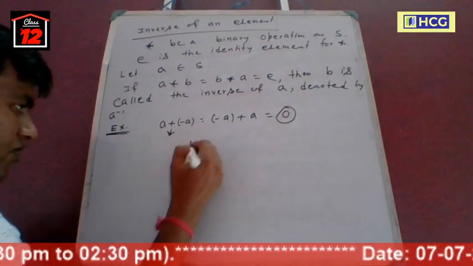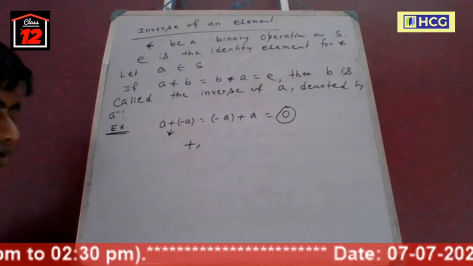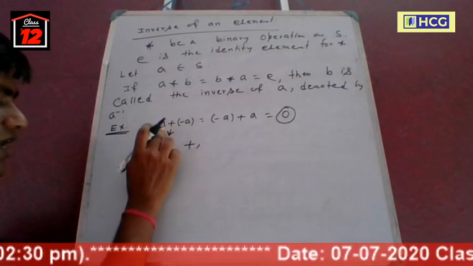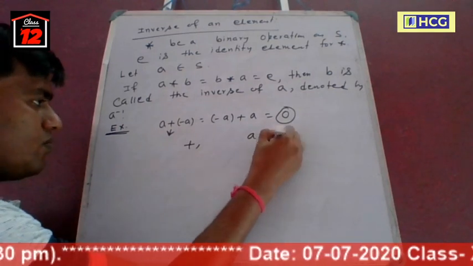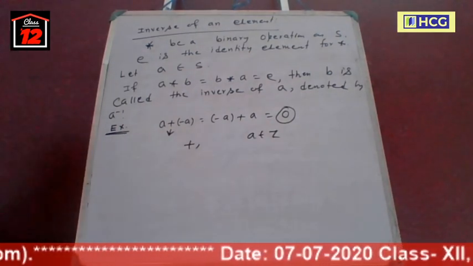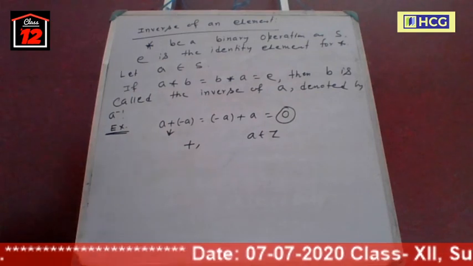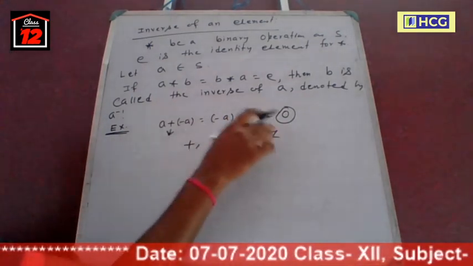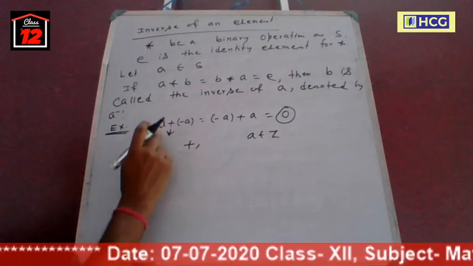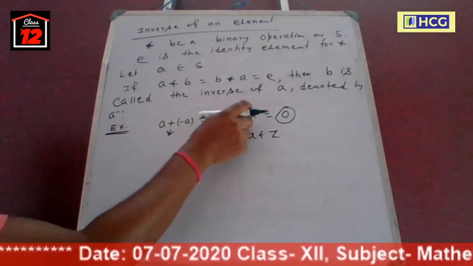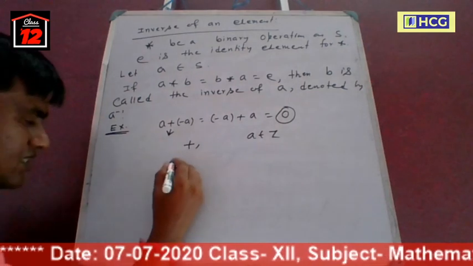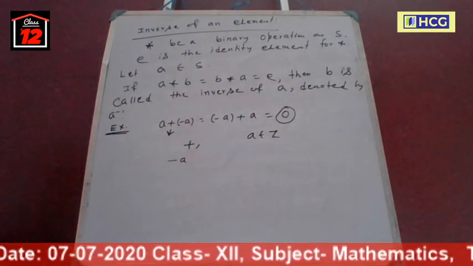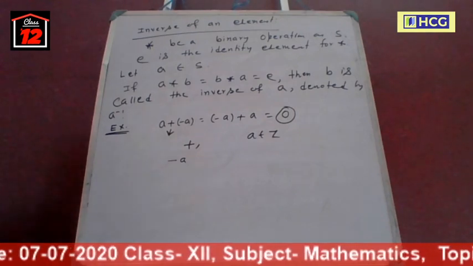Let A be an element belonging to Z. Then A is an integer, so the negative of this integer also belongs to Z, so minus A belongs to Z. Now A plus minus A equals minus A plus A equals 0, so minus A is the inverse of A.